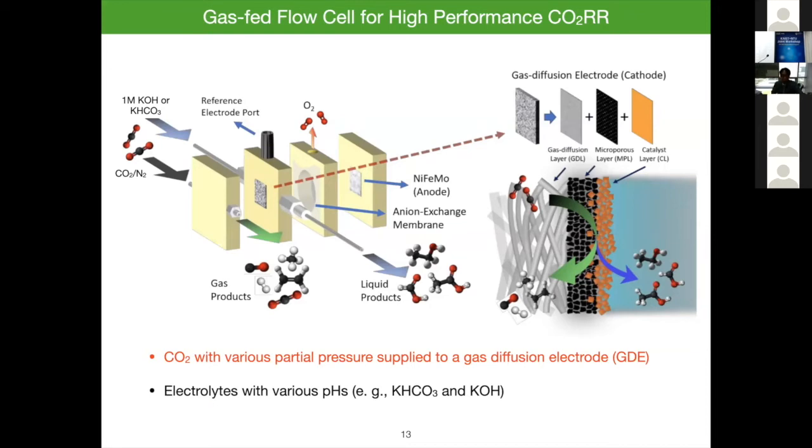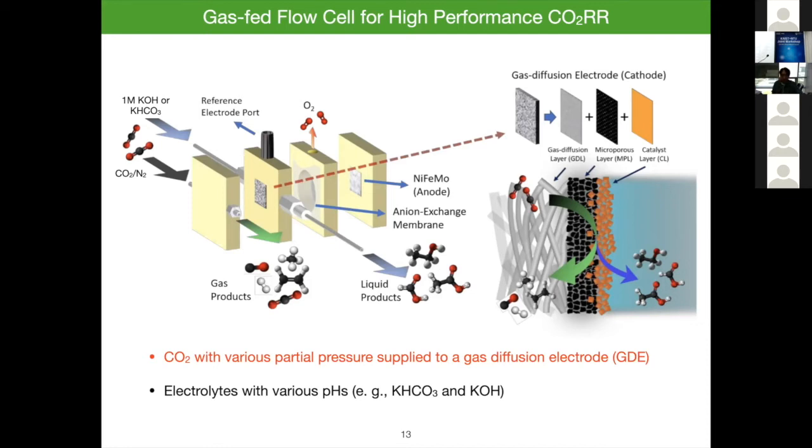But in this case, we flow the gas reactant at the backside of the electrode, and our electrode is porous, so the gas will diffuse into the electrolyte interface, and the reaction occurs.